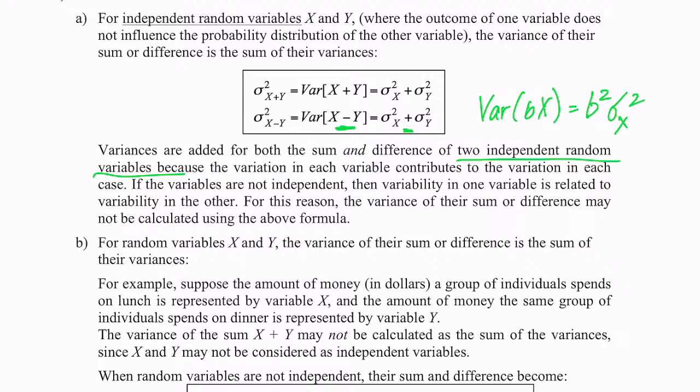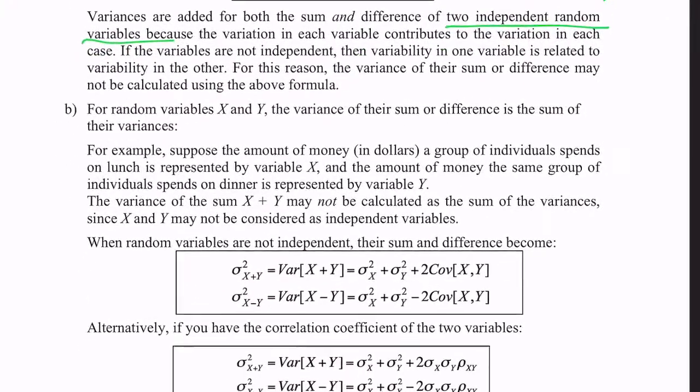What if they do covary? What if they are not independent? What if they are affecting, they do correlate? Then there's an extra term.